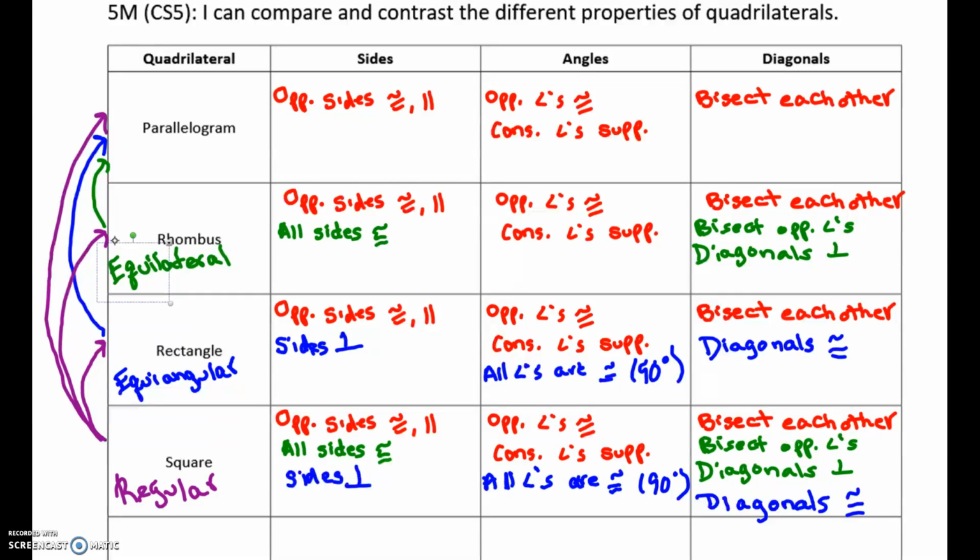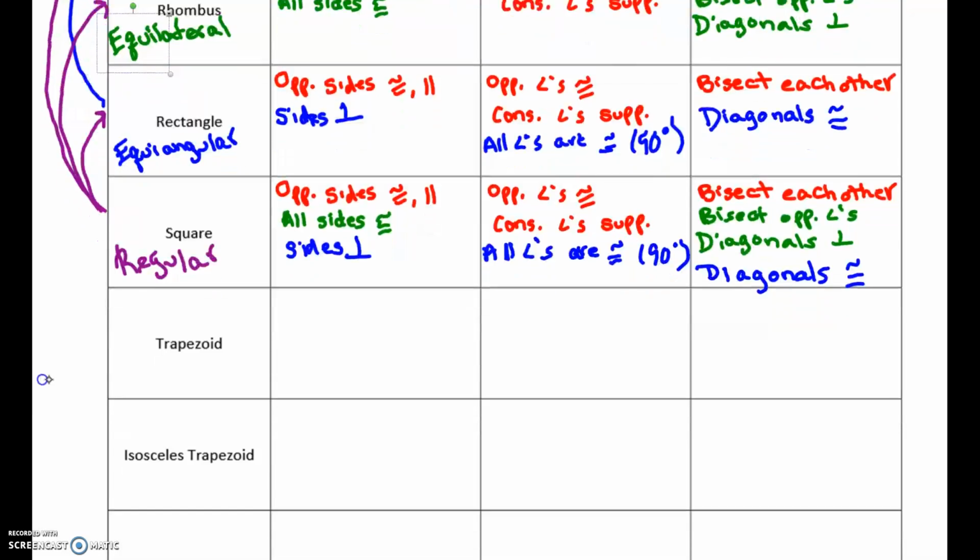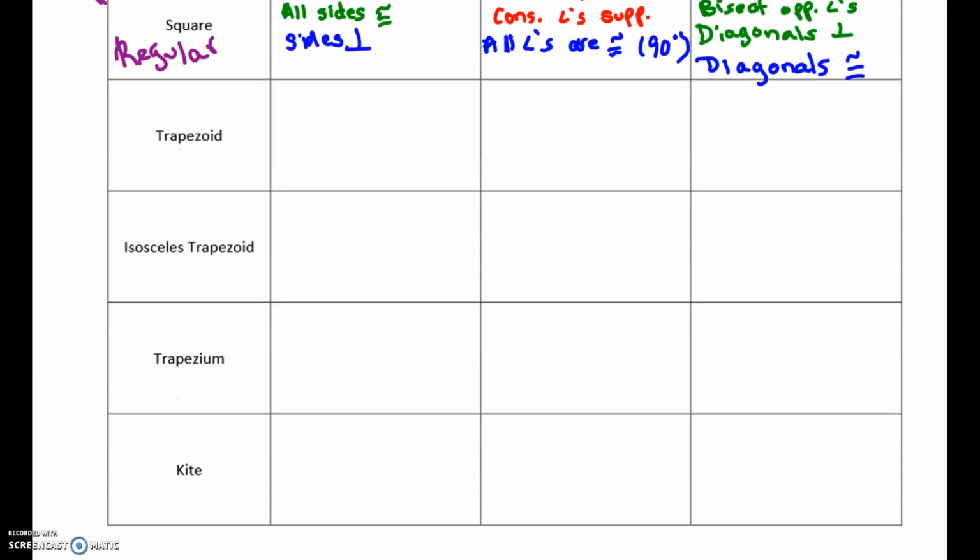Now let's look at the next branch on our quadrilateral tree. We're going to look at trapezoids now. Well, trapezoids are defined as having one pair of parallel sides, and these sides are the bases.